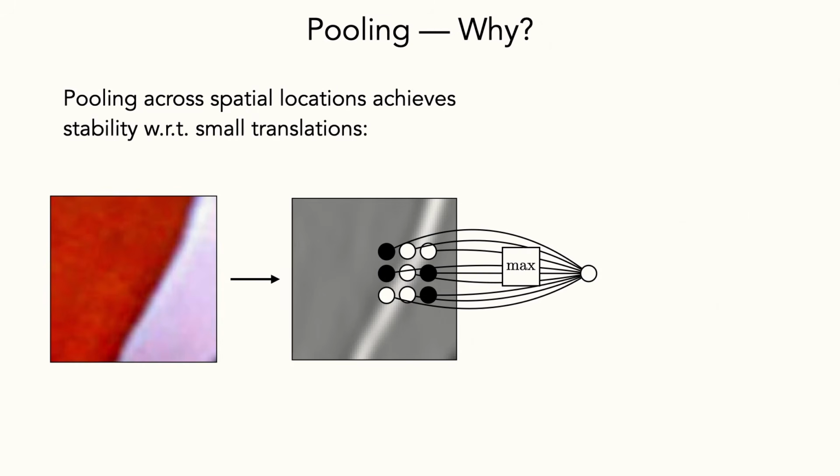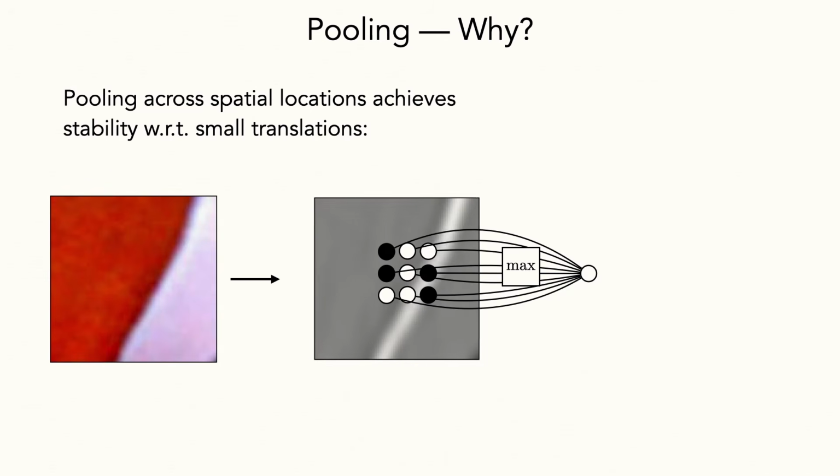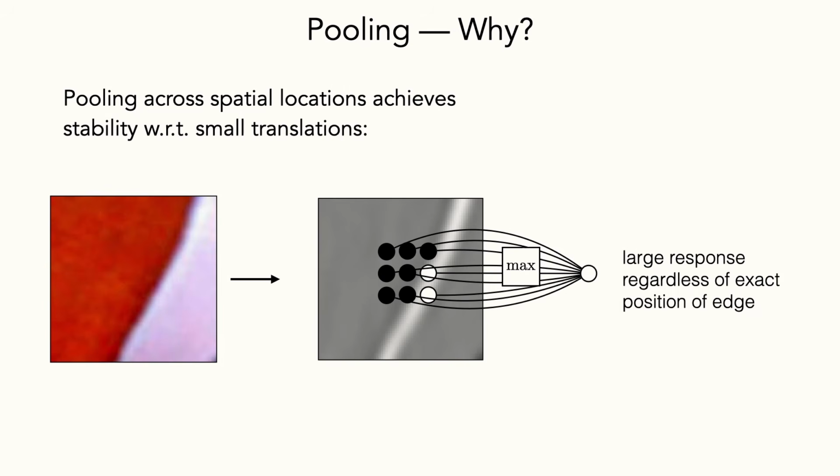There's still this white value that will get passed through. And that will be stable as the inputs move. So you'll get a large response to something like an edge filter, regardless of the exact position of that edge. You get some more stability in the outputs.